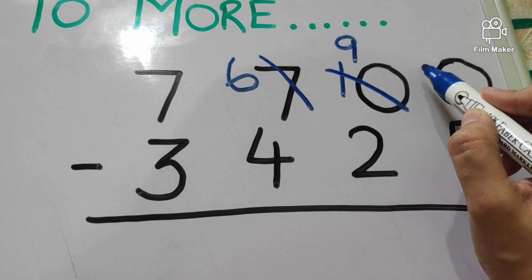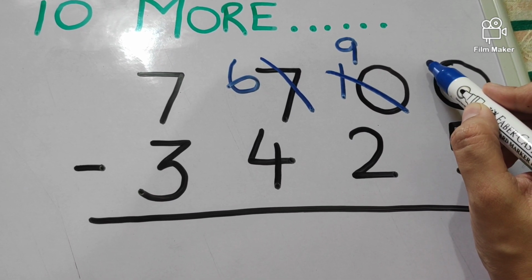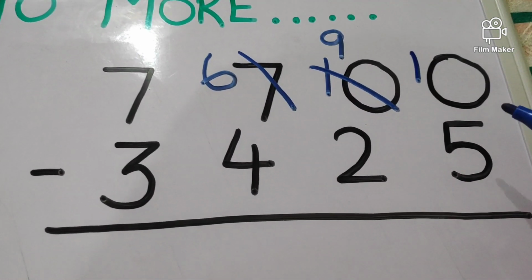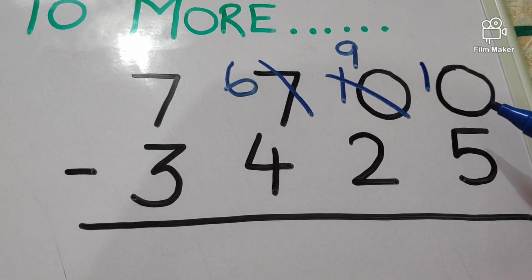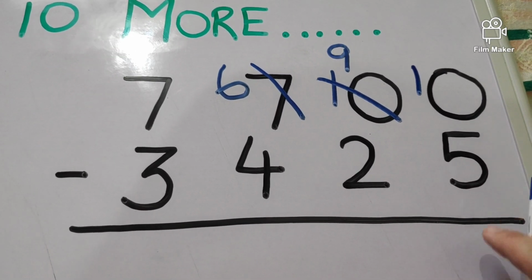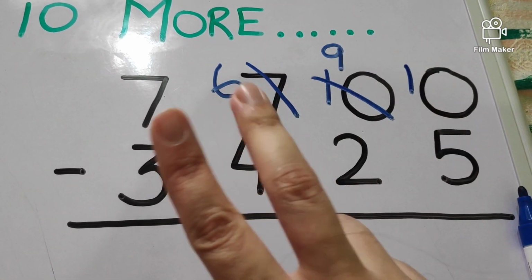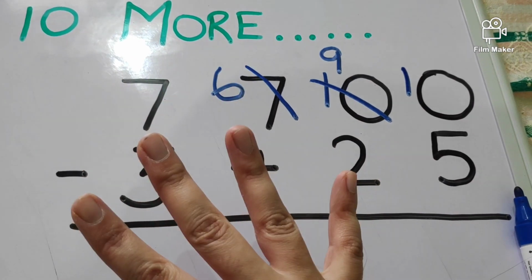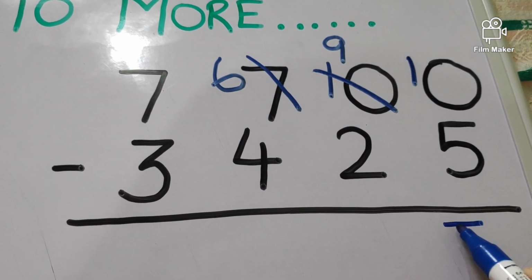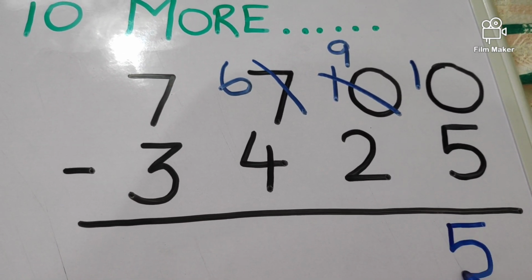This number, we will borrow 10 from here. So this will become 10 plus 10. Now, 5. This can be done. More on the top, no need to stop. So count from 5, 6, 7, 8, 9, 10. So it is 5.